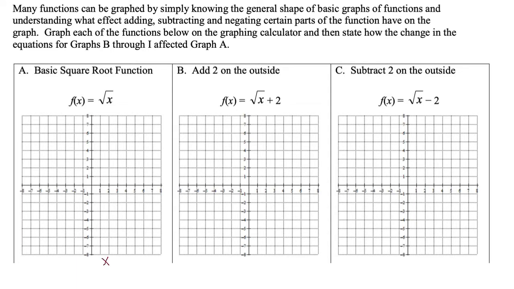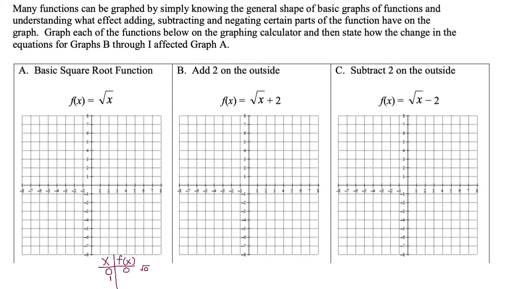Now I'm going to do a t-chart and I want you to do one as well. We're going to do x and f of x. We're going to start with 0, and if x is 0 and we plug in, we're going to have the square root of 0, which is 0.